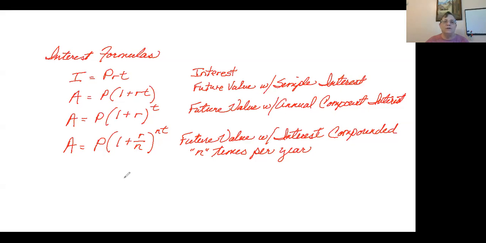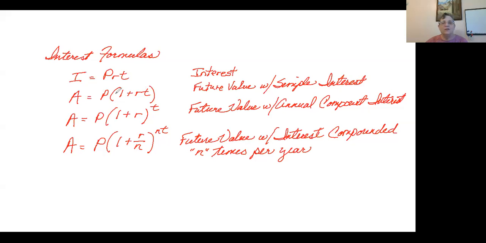In section 8.2, we've got several interest formulas to look at. 4, basically. 1 to calculate just the interest, and then 3 formulas for determining the amount in an account at some future time, or if necessary, if you know the amount at a future time that you need, you can determine what the principal will need to be to accomplish that.